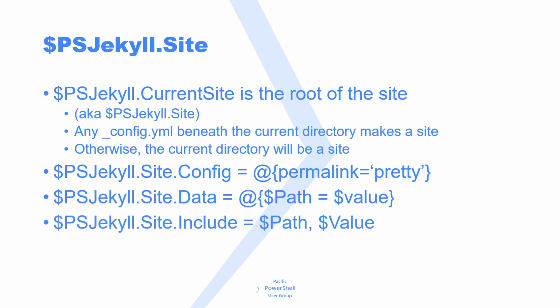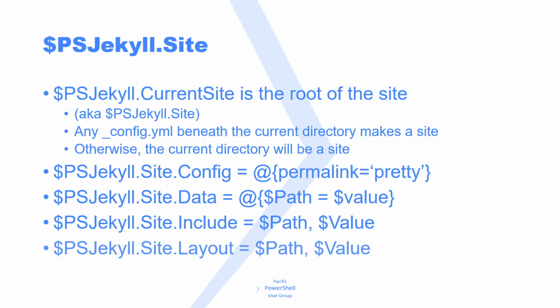We can set an include by passing basically 2 strings. So path, value, whatever content we wanted to create as an include. And we can set a layout the same way. So real easy structurally to work with. There'll probably be a few more commandlets coming in the next release, but I was trying to get this one out the door quickly.